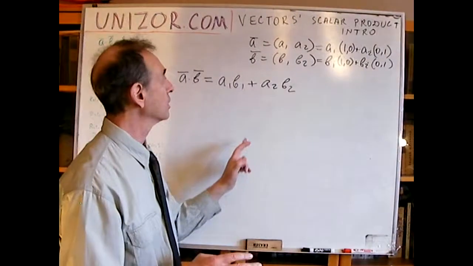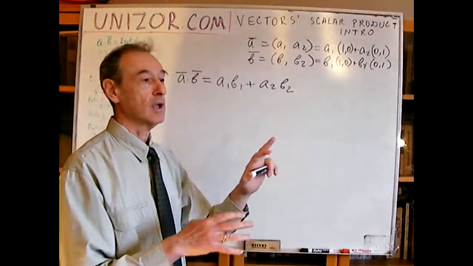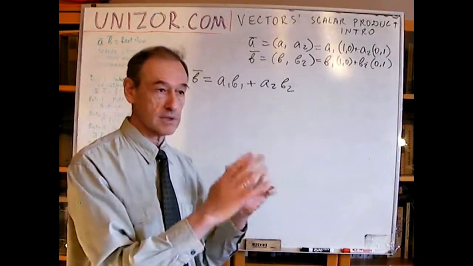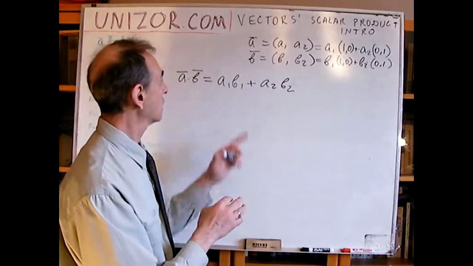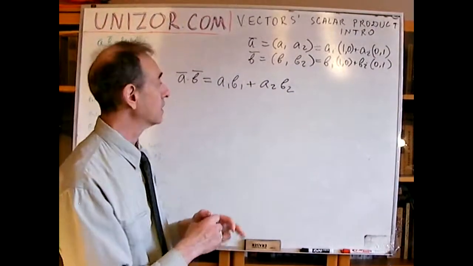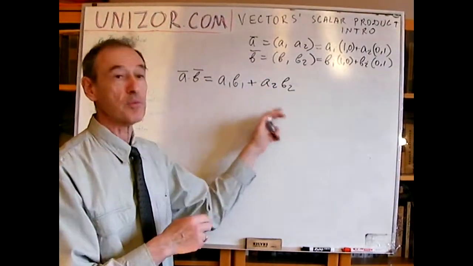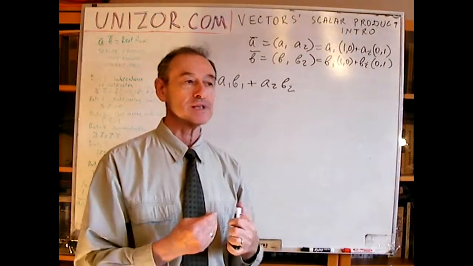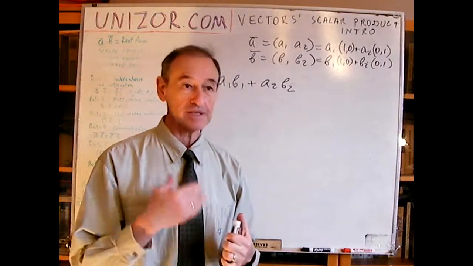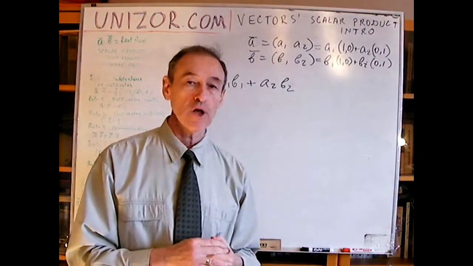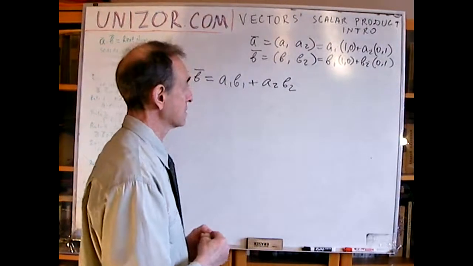And again, let me point out, if I change the coordinate system in an orthogonal way, so it doesn't change the metric, then obviously the coordinates of these two vectors will be different, right? But the result of this formula calculation would be exactly the same number. So the scalar product is invariant, so to speak. It does not change with respect to orthogonal transformation of the coordinate system.